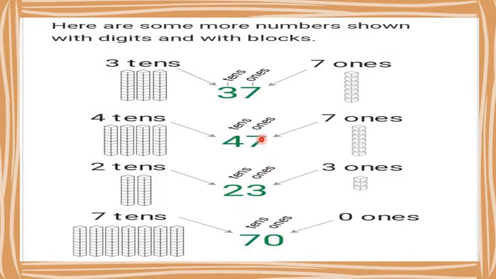Here we know how to separate the numbers in tens and ones columns. If we have number 37, we can separate it as 3 tens and 7 ones. If we have number 47, we can separate it as 4 tens and 7 ones. Okay.